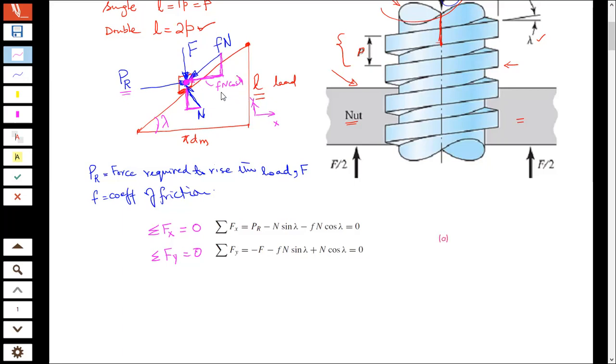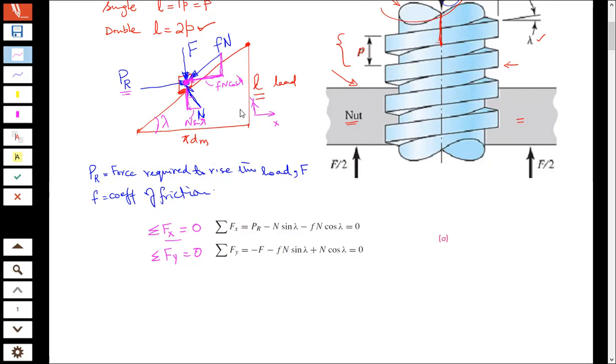So this is going to be cos of lambda. Similarly, I'll have this component over here of the normal, which is also in the negative direction, so that this is going to be my n sine of lambda as from this triangle. Okay. So now I can go ahead and write the sum of the forces.